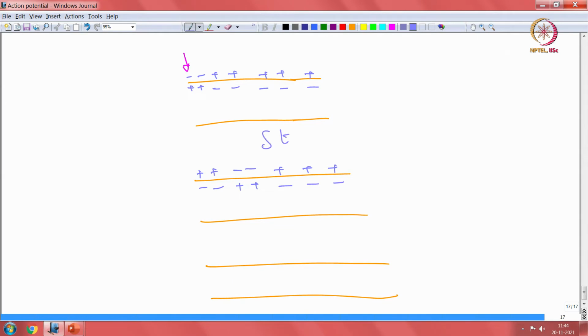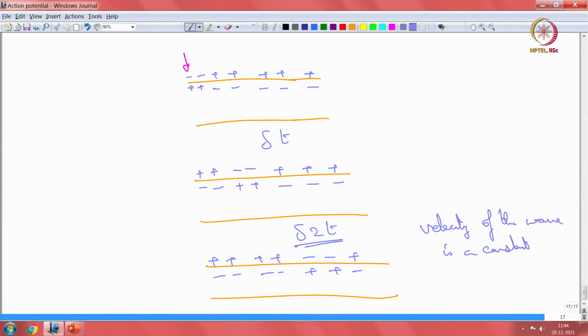Time t, okay, time 2t. Yeah, 2t is important because the velocity of the wave is a constant for a given fiber.